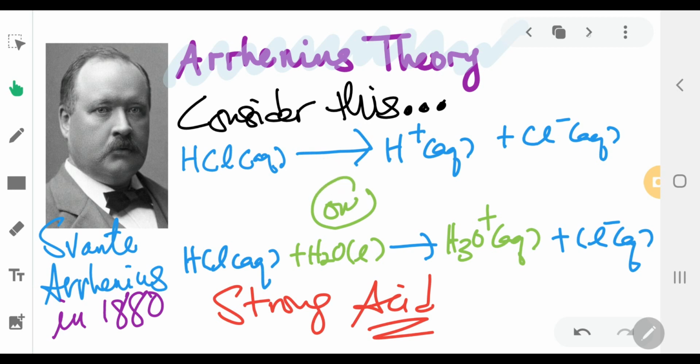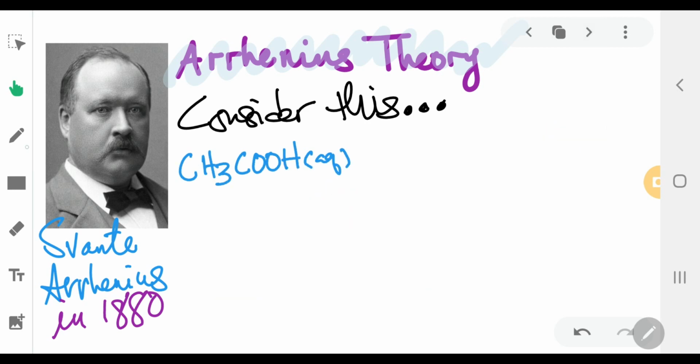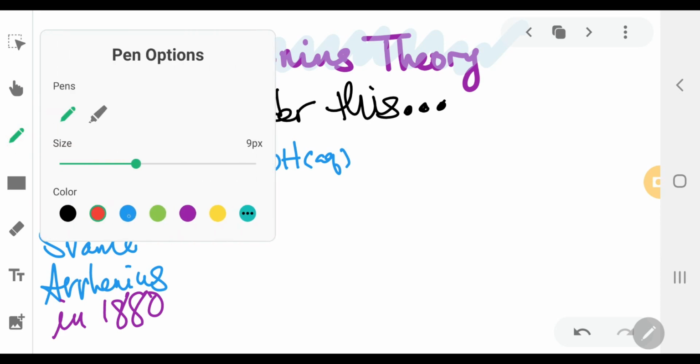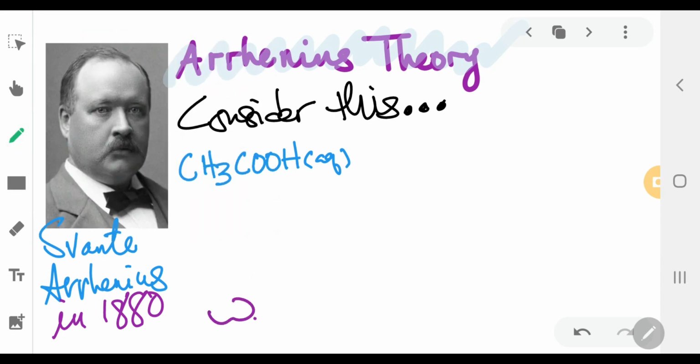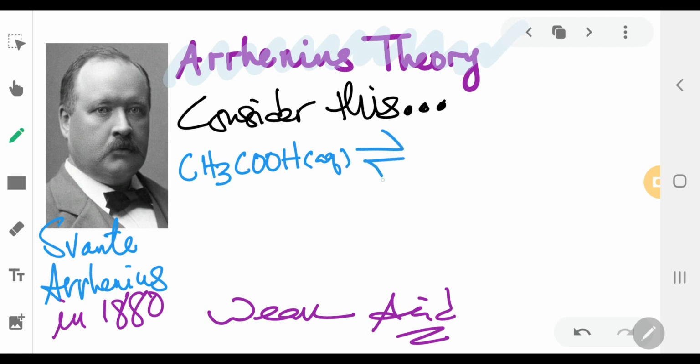Okay? So what we have here is the example of a weak acid. When we have a weak acid like CH3COOH, we're going to be using the reversible arrow like this. But the concept is still going to be the same.